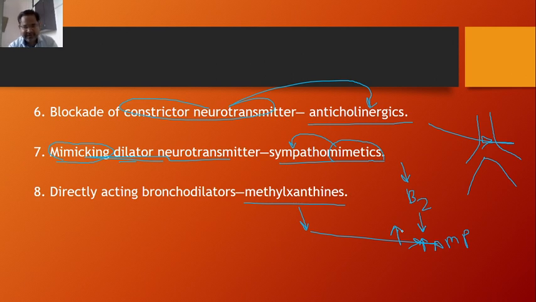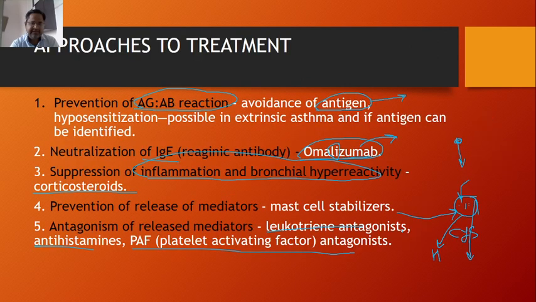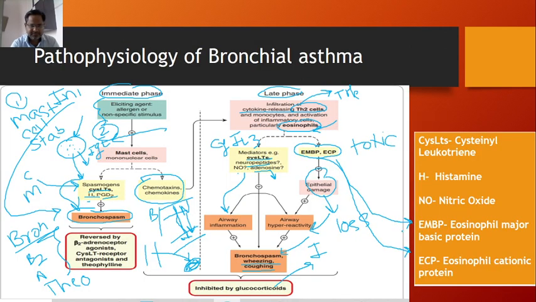Before going directly into the drugs, you must understand the different targets of drug action in bronchial asthma. By using the pathophysiology you can clearly understand what the different targets of drug action are. To remember the classification, or which drug can be used, you must understand the pathophysiology of any disease before any pharmacology.